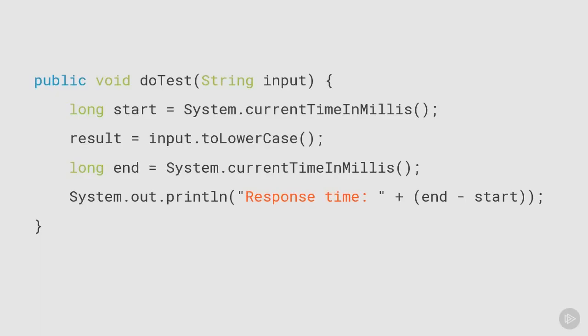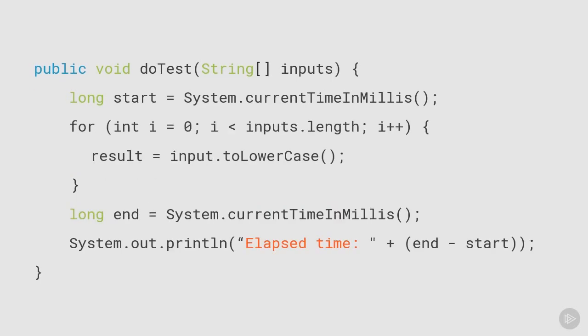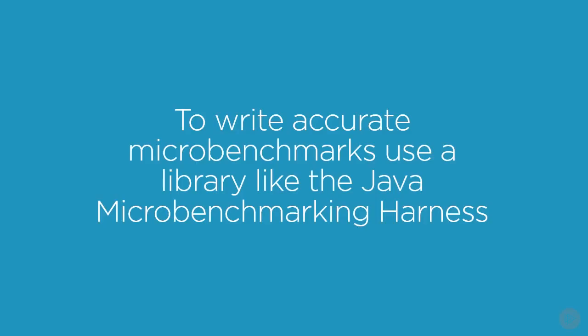For instance, instead of measuring the nanosecond or millisecond duration for a single String.toLowerCase method call, we would measure the elapsed time for a loop in which we performed 1,000 or 10,000 String.toLowerCase operations and then divide that number by 1,000 or 10,000. I should caution you though, writing accurate microbenchmarking code by hand is really hard. If you want to write proper microbenchmarking code, you should use a library like the Java Microbenchmark Harness.